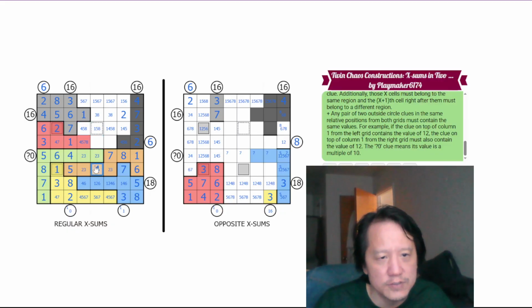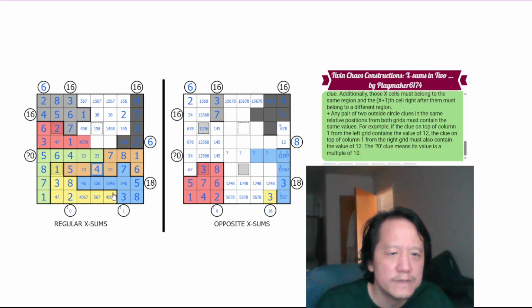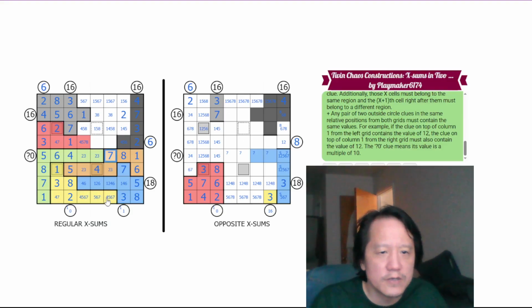So this counts horizontal. This counts horizontal. This counts vertical, so this must count vertical. This can count either. 7 eliminates 7 here and here.